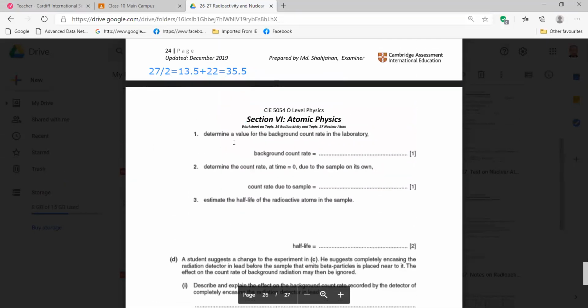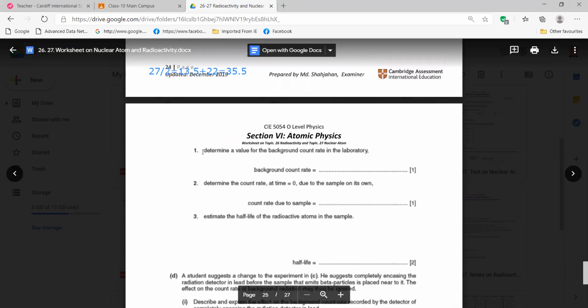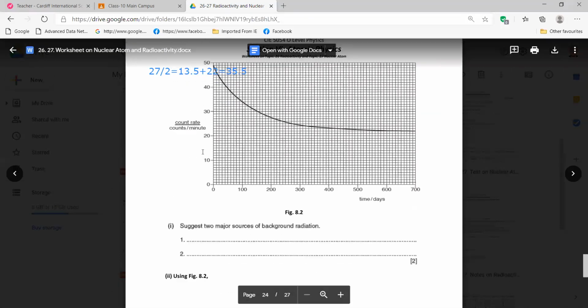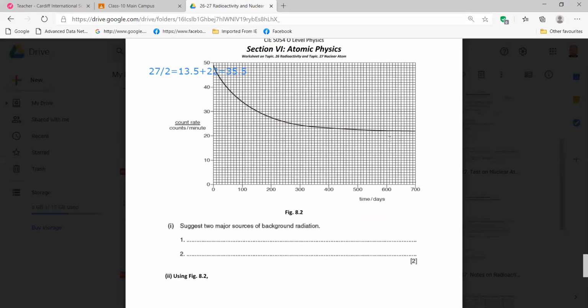Look here, we have determined a value for the background count rate in the laboratory. How did we get it? We got it from the graph. You see here we are getting a straight line for a long period of time, 600 to 700. That means we are not getting any count from the source now.